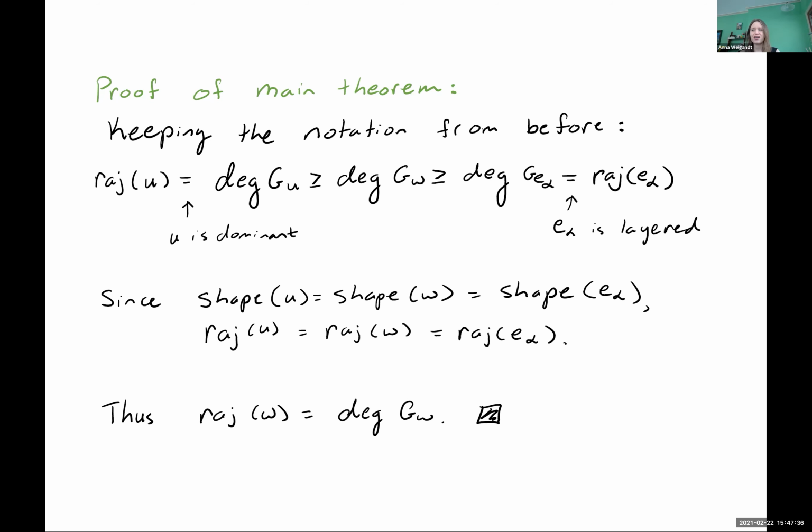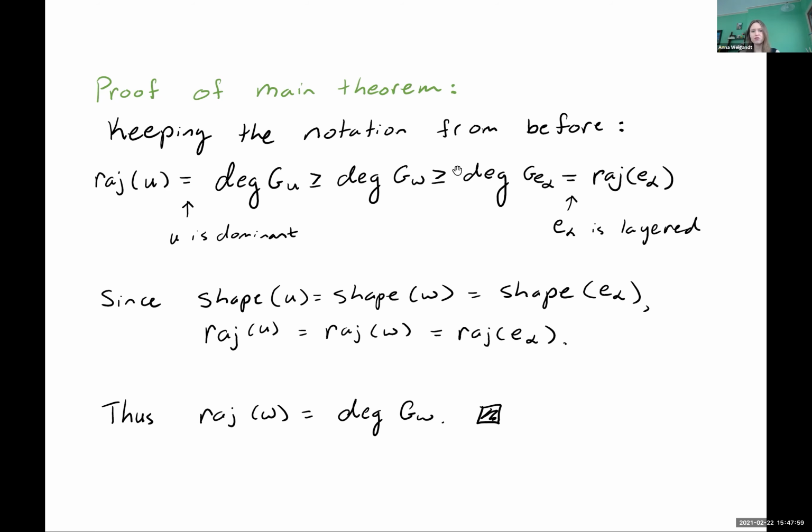So this talk has been a lot of lemmas, and we're going to just stitch together the lemmas. So keeping the notation from before, where U is a dominant permutation that's bigger than W, and E alpha is its corresponding layered permutation, what we get is for dominant permutations, Raj equals the degree.